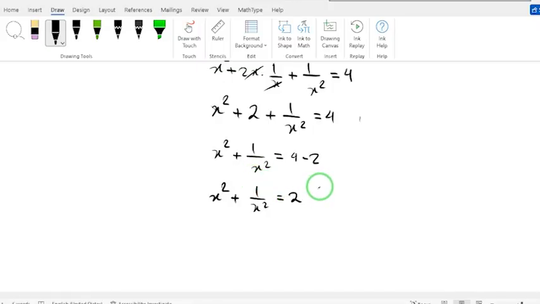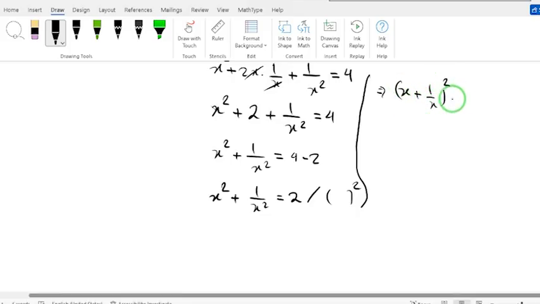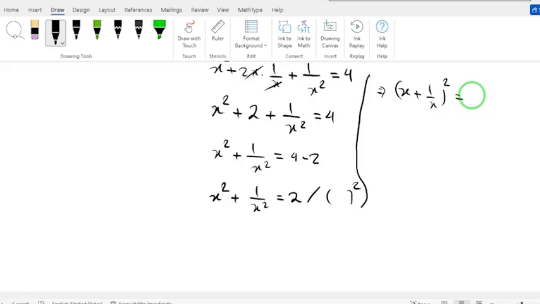Once again we square both sides. Here we can write (x plus 1 over x) squared equal to 2 squared. Then we actually have x squared plus 1 over x squared.